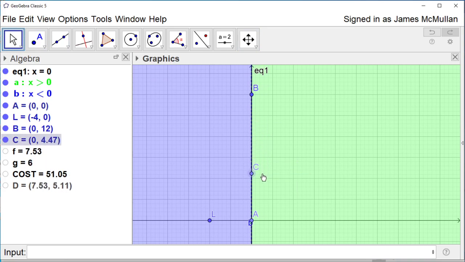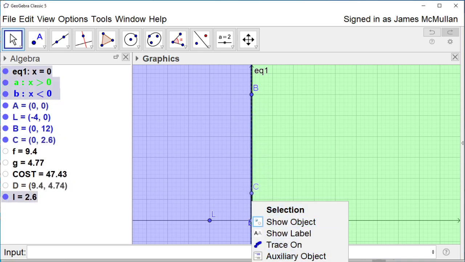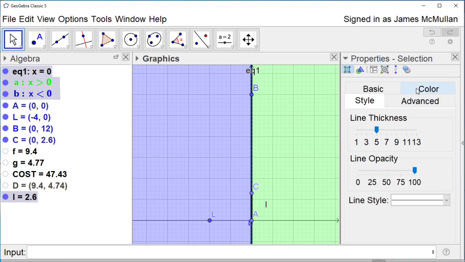So what I'm going to suggest is, let's create a segment, AC, and we're going to call this segment L. Okay? And this L is what I'm going to use as a variable. Everything in my question I'm going to express by using L. And L is going to be the amount of land that is not actually part of my answer.